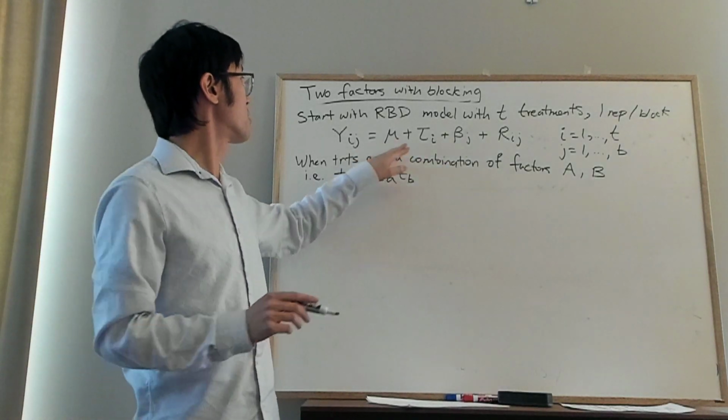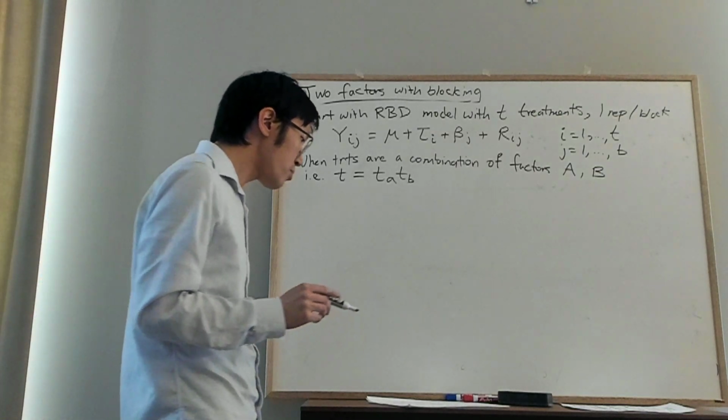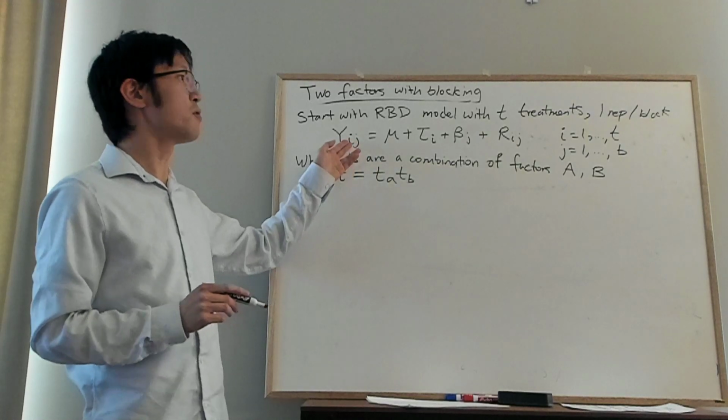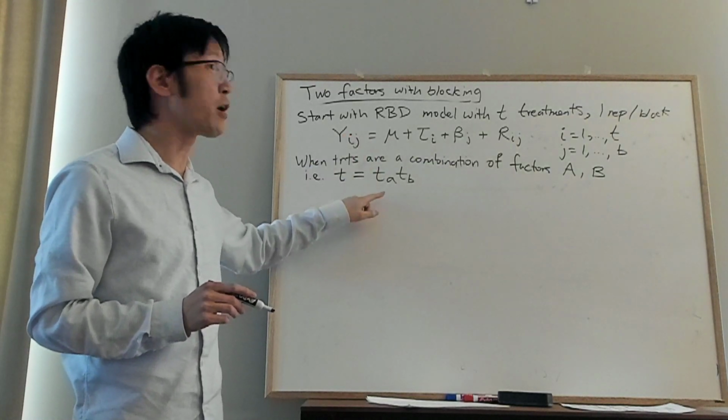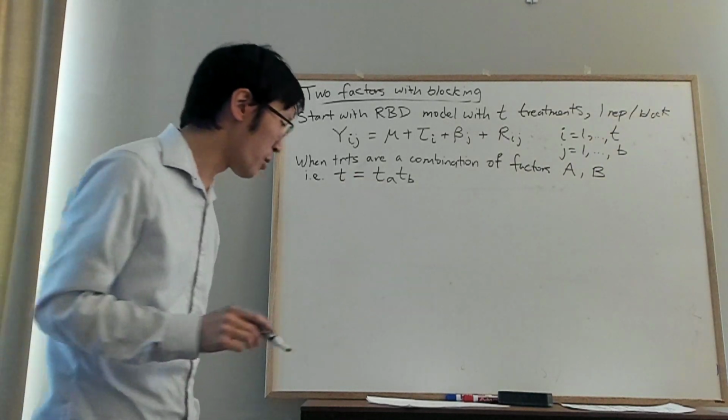Okay, so let's suppose the T treatments are a combination of these two factors. Okay, and so as in our last lecture, we can then take this model, which we learned before, and re-express it in terms of factor and interaction parameters.